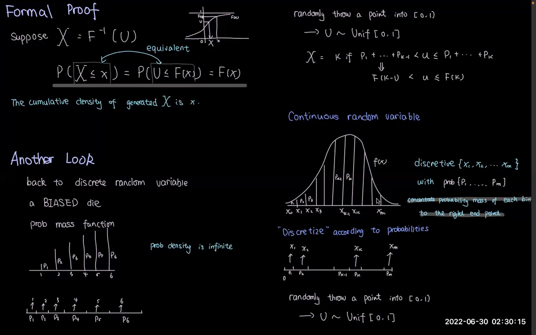Okay, and then we can think of a discretized version. So we have discretized values x1, x2 to xm with probabilities p1, p2 to pm. In other words, pk is the probability of the kth bin. But a continuous random variable can be anywhere in this small bin. We may even assume that it is uniformly distributed in this small bin.